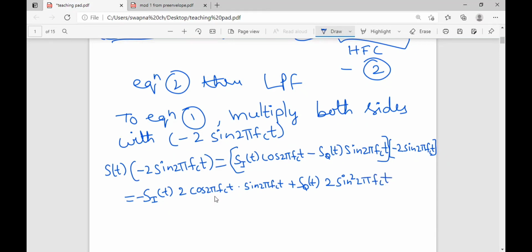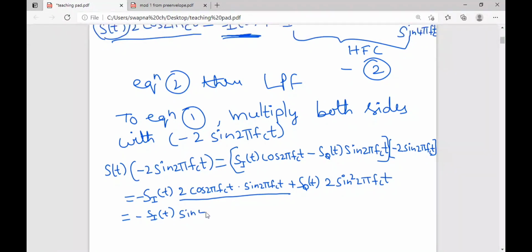So now can anybody tell me what is 2 cos 2 pi fct sin 2 pi fct equal to? What is this? 2 cos theta sin theta is sine 2 theta. In place of theta you have 2 pi fct, so it will be sin 4 pi fct.